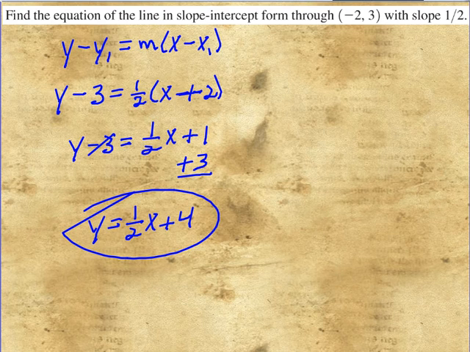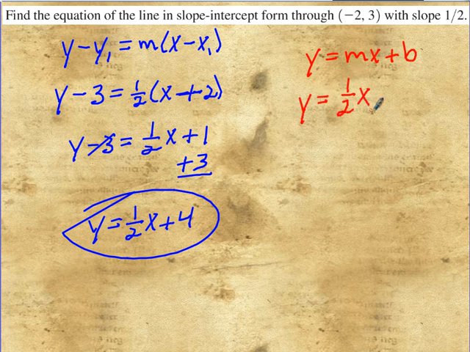Let's look at the other method of solving this. You pick the method you like best. I like this one. I start out with y equals mx plus b. That's what I'm looking for, my slope-intercept formula. I already have slope. That's half my answer. I've just got to figure out the other half. Plug in this x and this y, and that will tell you what your b value is.